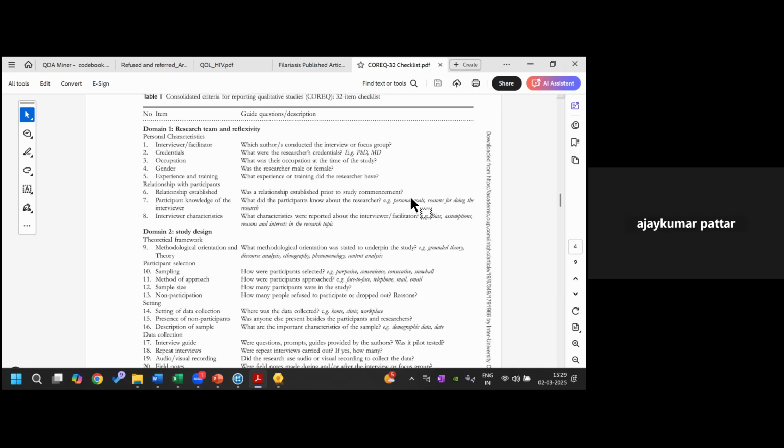Participant knowledge of the interviewer: what did the participants know about the researcher, example personal reasons for doing the research? Interviewer characteristics: what characteristics were reported about the interviewer or facilitator, example bias, assumptions, reasons, and interest in the research topic. Yes, thank you, Dr.